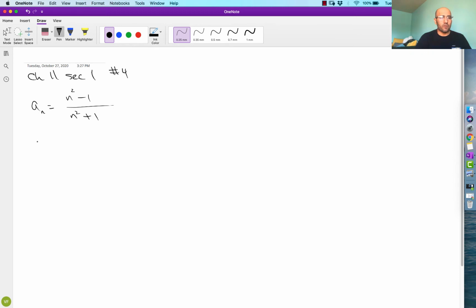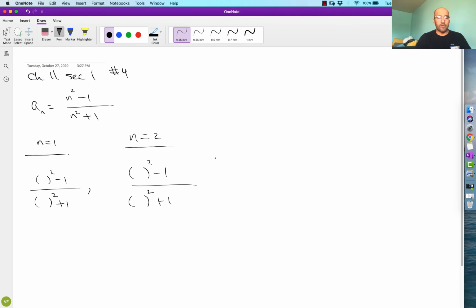Okay, so n equals 1. Then that'll be 1 squared minus 1, all over 1 squared plus 1. That'll be the first term. N equals 2. That'll be 2 squared minus 1 all over 2 squared plus 1. That'll be the second one. N equals 3.